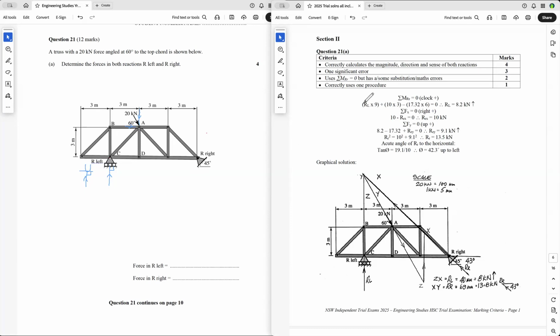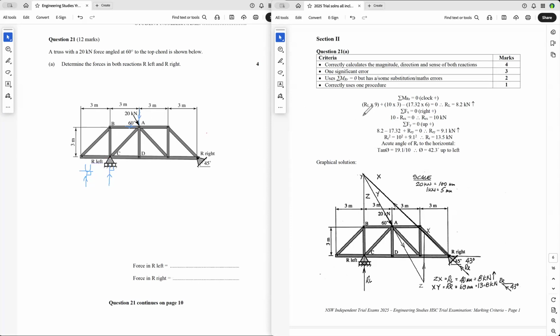So let's have a look at this. So you've got RL times 9. You've got all the dimensions up here, plus 10 times 3. So don't forget this horizontal component. That will be 10 times the perpendicular distance, which will be 3, minus 17.32. So this one here, relative to that, is going anti-clockwise.